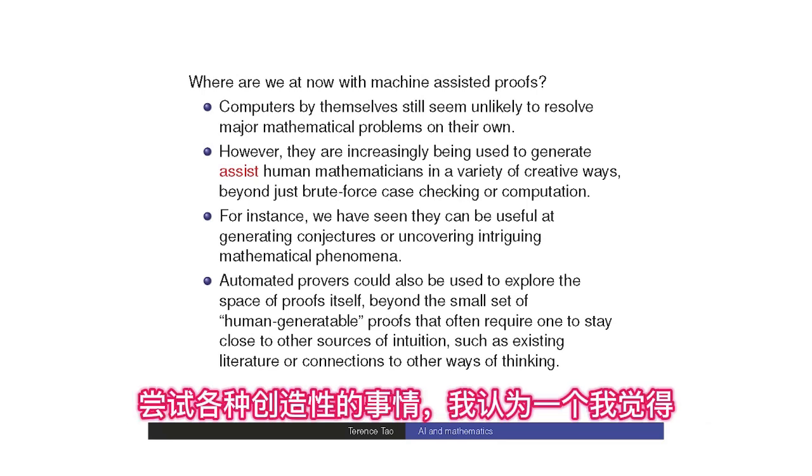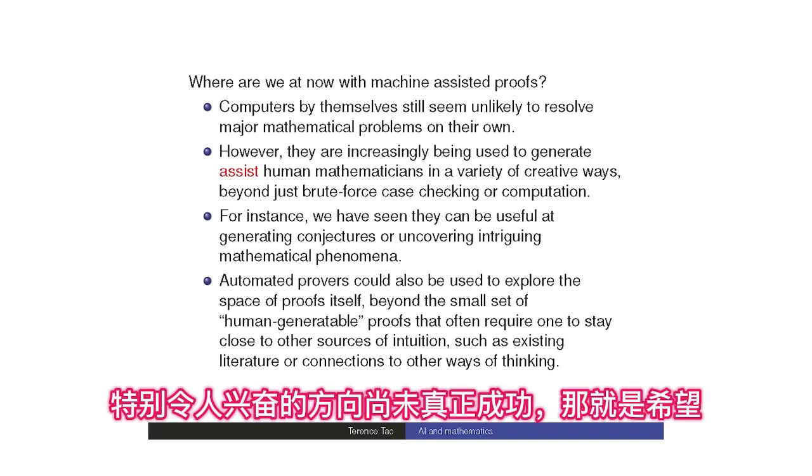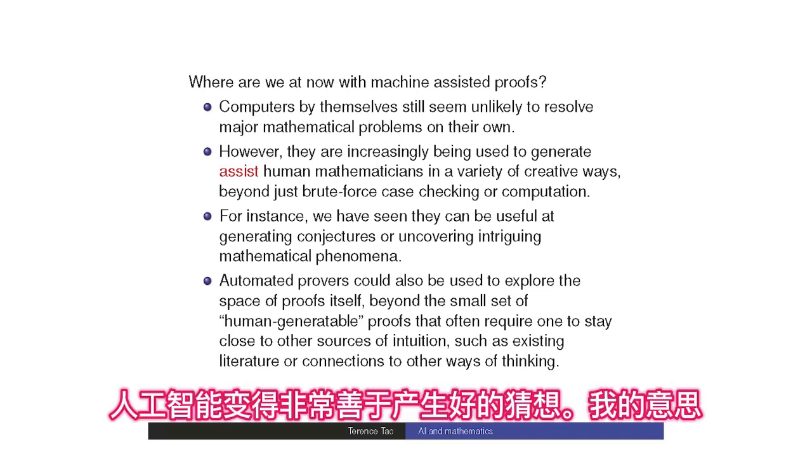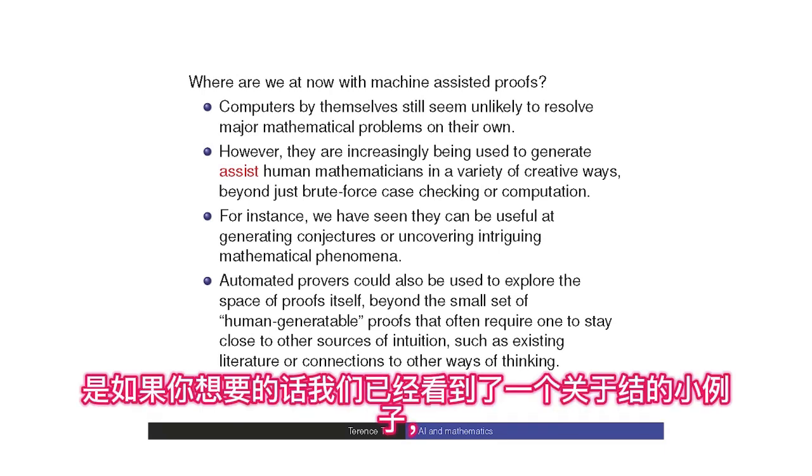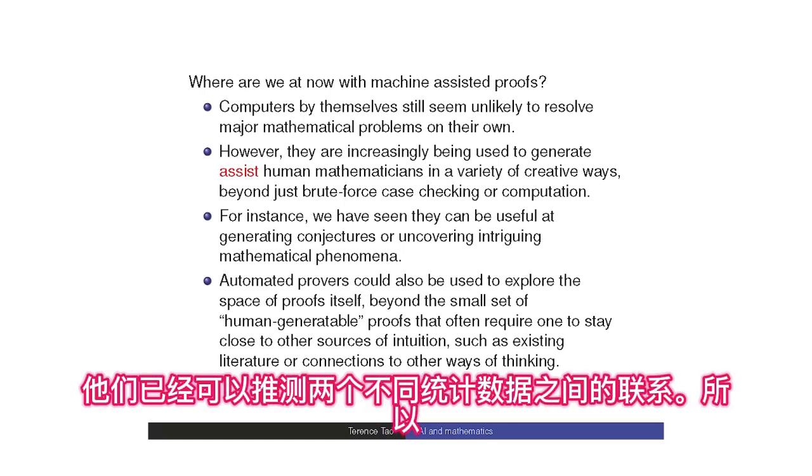And people are trying all kinds of creative things. One direction which I find particularly exciting, though it hasn't really been successful yet, is that hopefully these AIs will become very good at generating good conjectures. We already saw a little example of this with the knots, where they could conjecture connections between two different statistics.